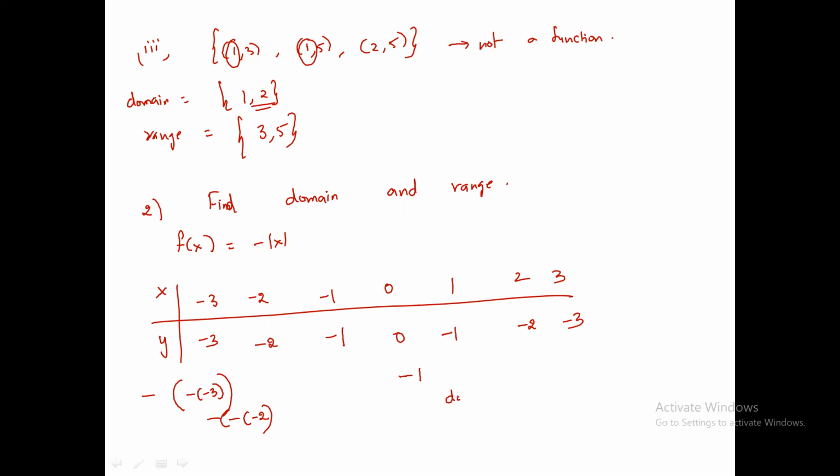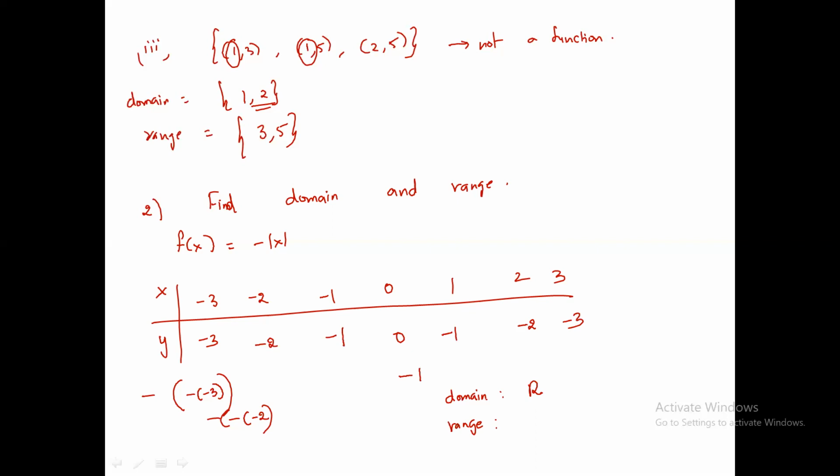So you can see the domain. For x, you can take any real number. But what are you getting for range? Range, are you getting real numbers?